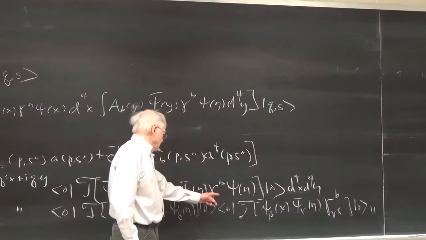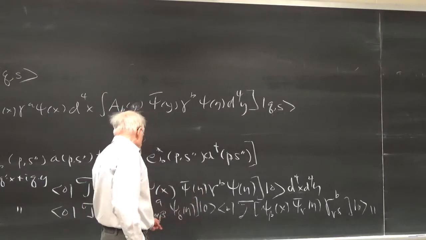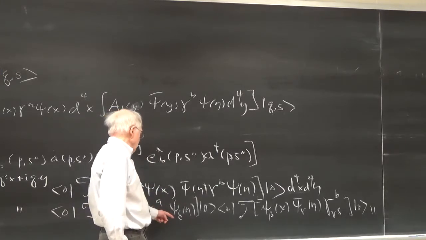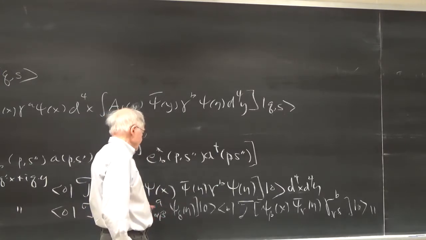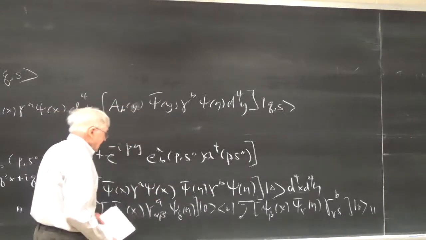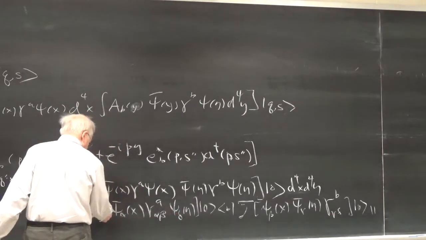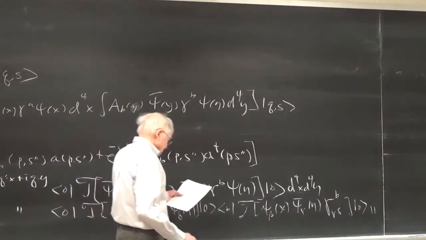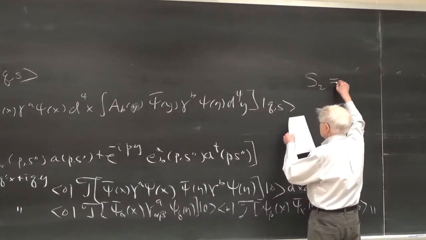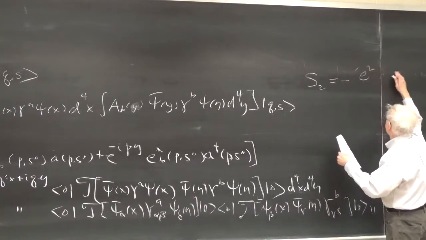So we move this across 2 fermion fields to here, and then that's just a plus sign. And now what we do is we move this psi delta of y forward to there, and that gives us our final minus sign.